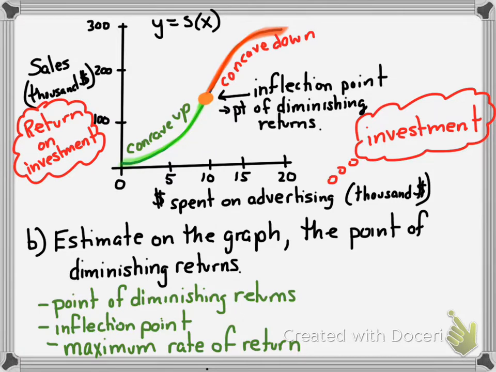And what I see here is that our point is right about at 10. So our estimate, based on our hand-drawn graph, is that our point of diminishing returns, or our maximum rate of return, occurs at $10,000. That was pretty close, not too shabby for a hand-drawn picture and an estimate that we're eyeballing.